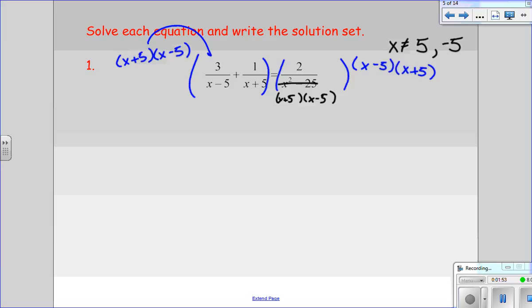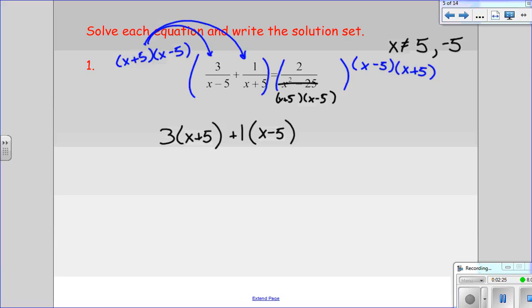So when we distribute our x plus 5, x minus 5 to each term, in our first term we see our x minus 5s cancel out, but that leaves us with 3 times x plus 5. Then we distribute our x plus 5, x minus 5 to our second term, and our x plus 5s cancel out, which leaves us with a plus 1 times x minus 5.